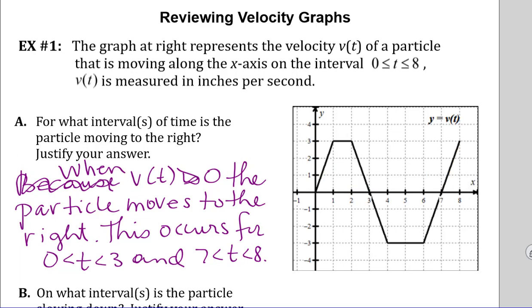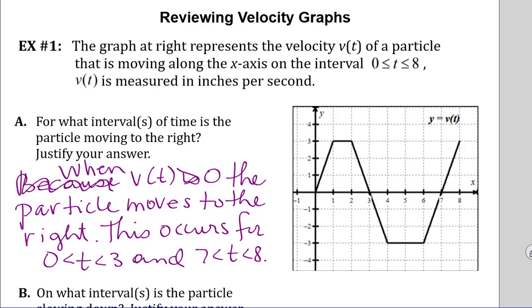So I need to know where velocity is positive and acceleration is positive, or velocity is negative and acceleration is negative. This graph just shows me velocity, but I can see where I have a positive acceleration and a negative acceleration, or a positive rate of change and a negative rate of change.